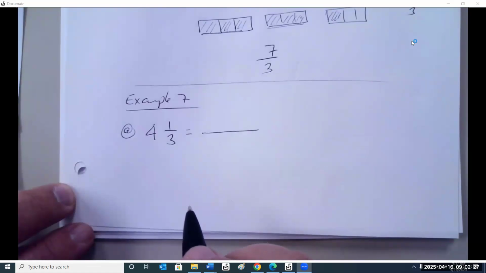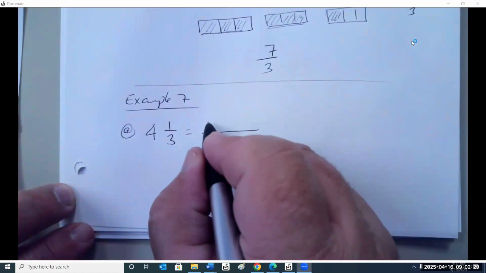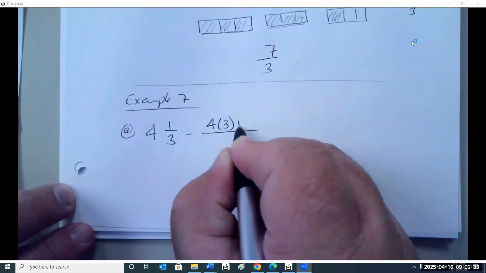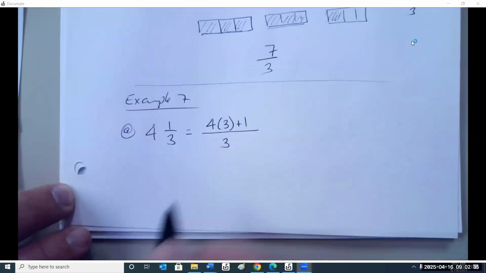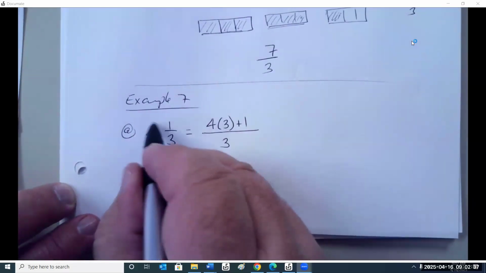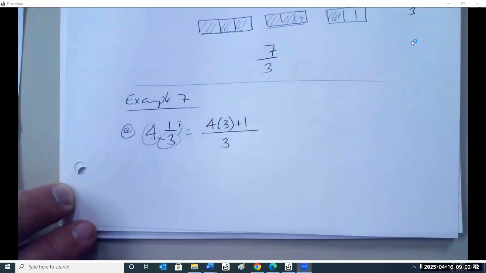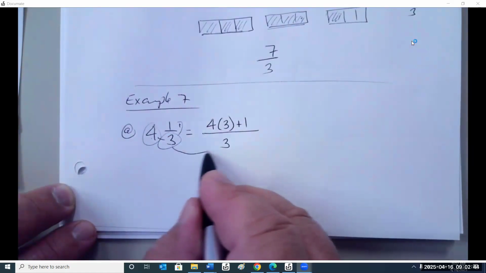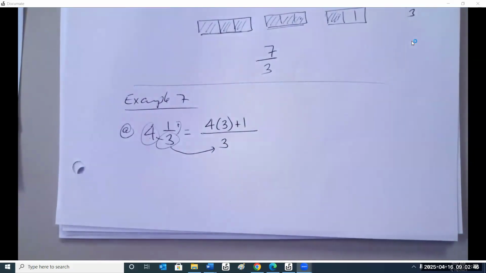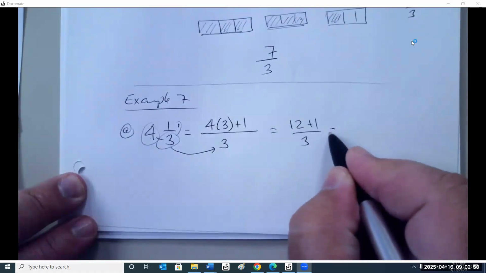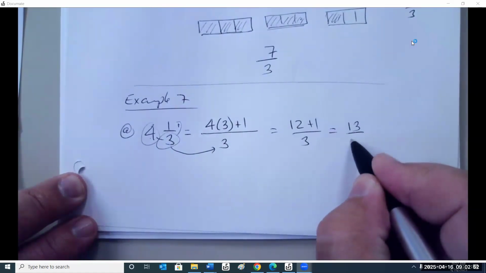What's the formula? Yeah, it's the coefficient times the denominator plus the numerator. And the bottom has to be the bottom. That doesn't change. So 12 plus 1/3 is 13/3.